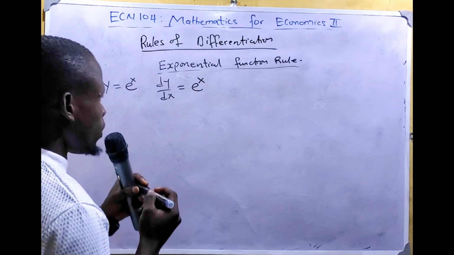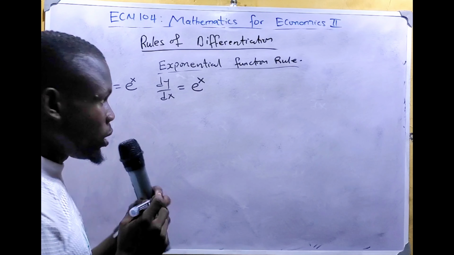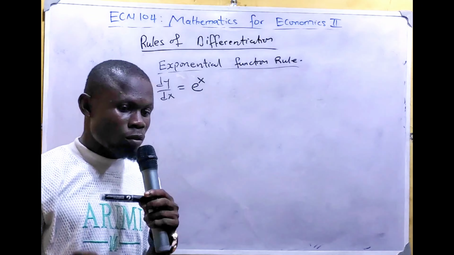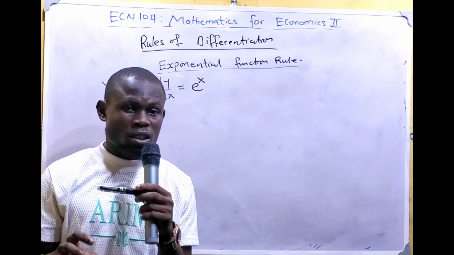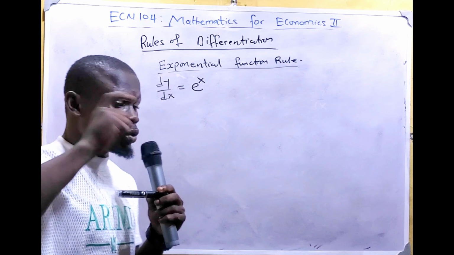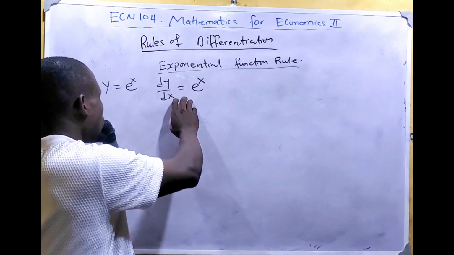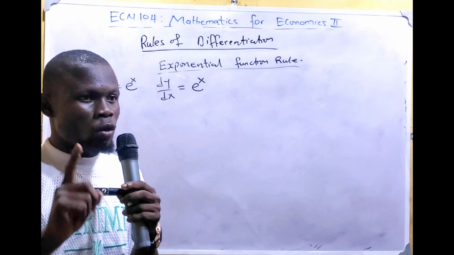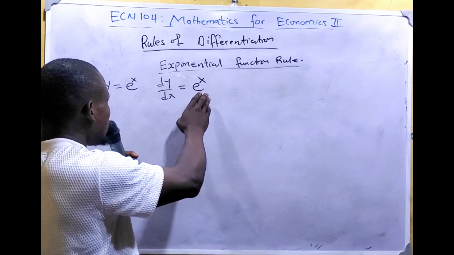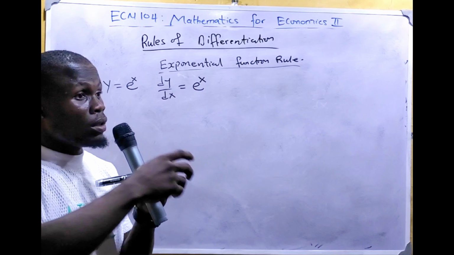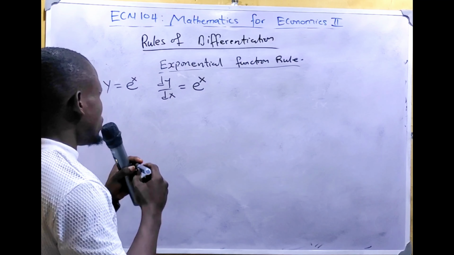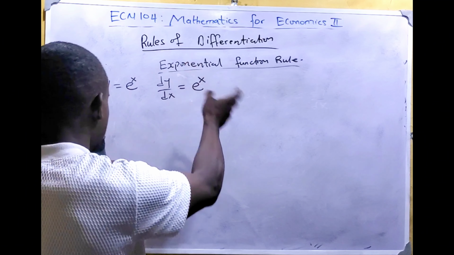What we need to note specifically is that the derivative of the exponent is a repeat of itself. But in most cases, this works with chain rule, because when you look at this very clearly, this is a function of a function.